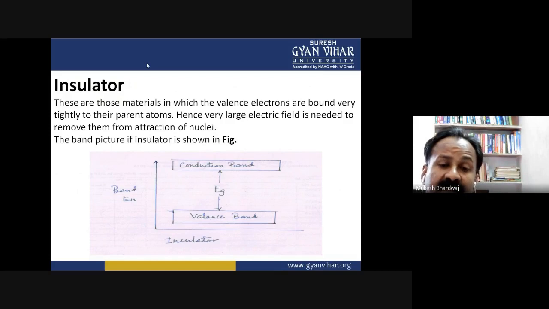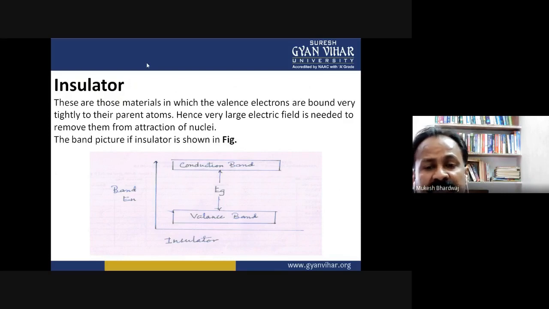If you provide that amount of energy, or a greater amount of energy, to the insulators to push the valence band electrons over to the conduction band, then the covalent bonding breaks down and electrons acquire very high energy and participate in conduction.